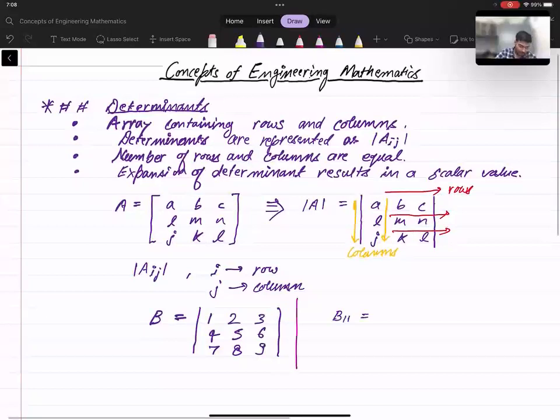So in the first row and first column we have 1. Similarly, if we say B32, we first see 3, which is the row number. So in the third row, we look for the second value, which is 2, that represents the column. So in the third row and second column, we have 8. And so on. In this way, we can locate various elements.